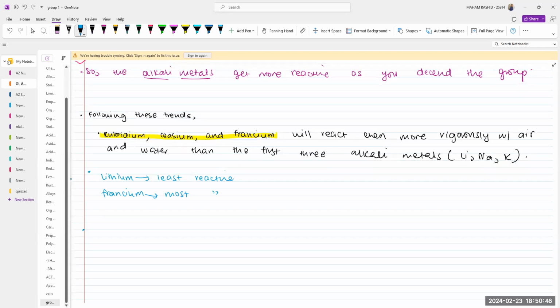Then we have, these are some properties of rubidium.